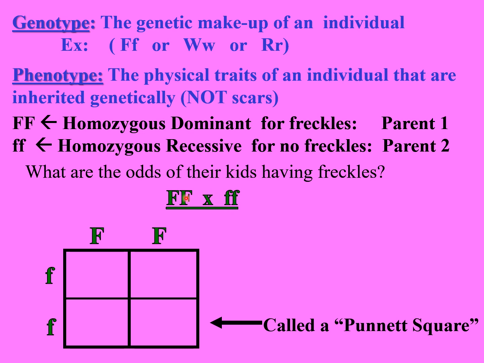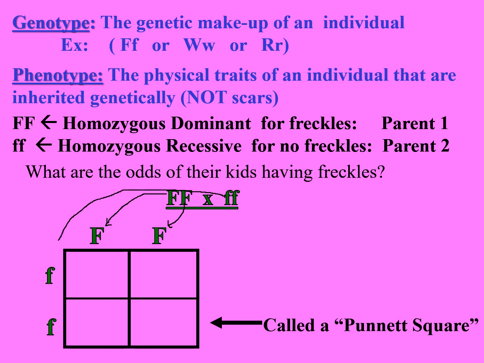And the basic rule is you take one parent and you separate out each copy, each allele, into a different square line. So let me do this with a pen. Capital F here and capital F here. The other parent is going to go along the side.